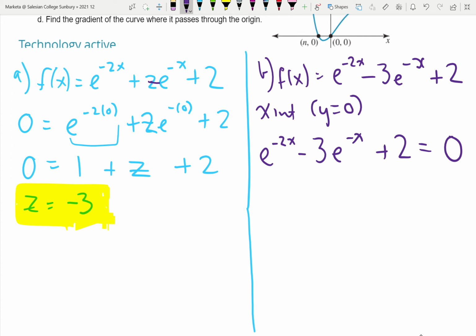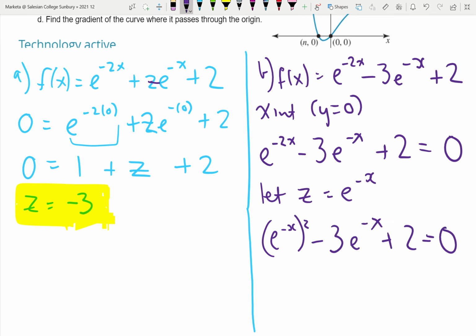I'm going to say let z equal e to the negative x. So e to the negative x squared minus 3e to the negative x plus 2 equals 0, and then subbing z, z squared minus 3z plus 2 equals 0. In the previous example we had a positive power x, so z was e to the x. Now it's e to the negative x.